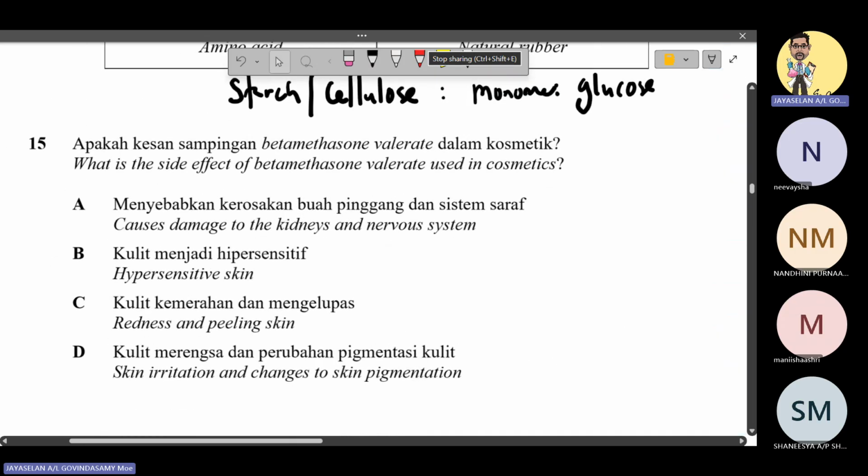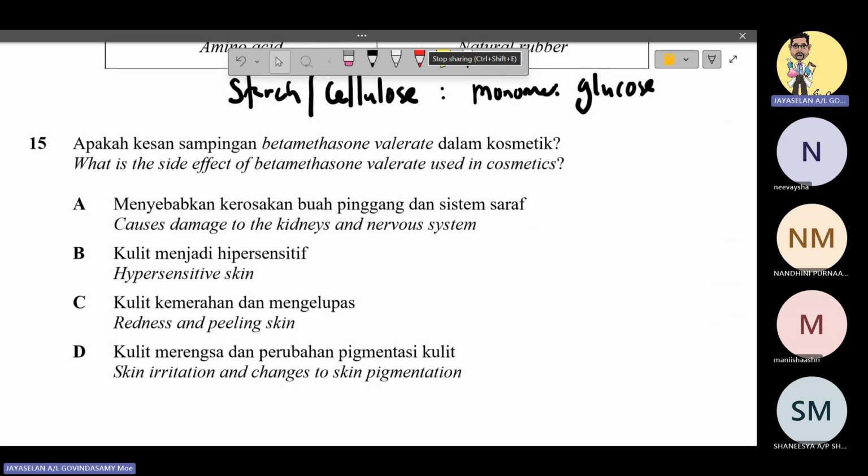Okay, next one. What are the side effects of betamethasone valerate? Anyone? Damage the kidney. This one is cosmetic, you know. Damaging the kidney, you must remember, is mercury.